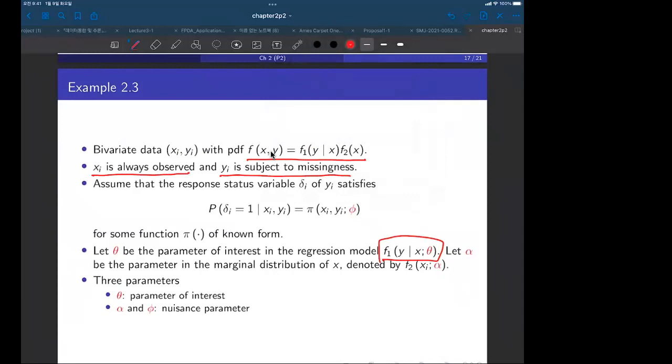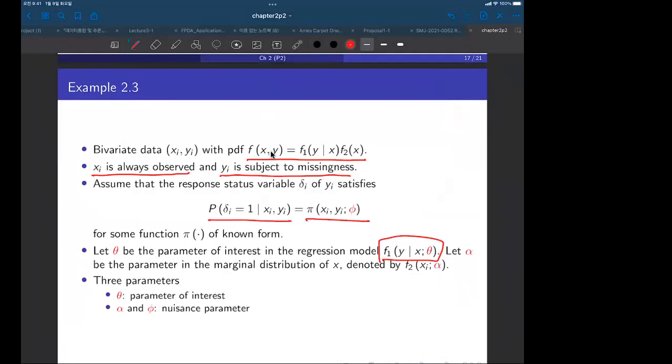You have a fully observed covariate, but y is subject to missingness. Because of the missingness, you have a model, for example a logistic regression model. How many parameters do we have so far? Theta, phi, and also alpha. Why do we have so many?